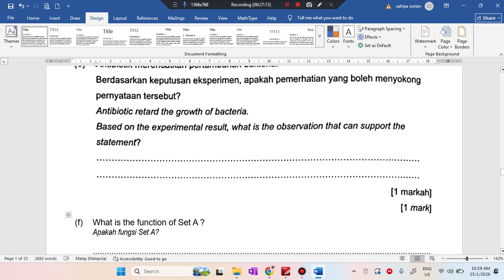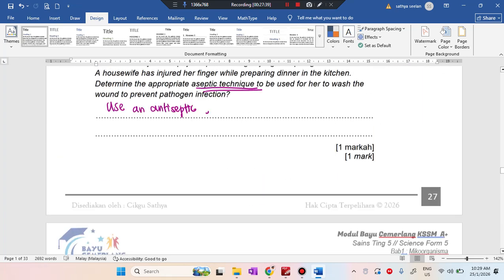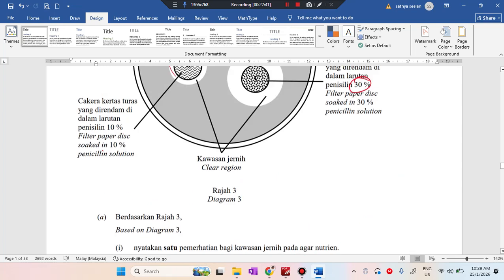Based on the result, antibiotic retards the growth of bacteria, correct? Based on the experimental trial, what is the observation that can support the statement? This is a proof question, by giving evidence. This question asks for evidence. So we know antibiotic retards growth of bacteria, right? So what is the observation that supports this?